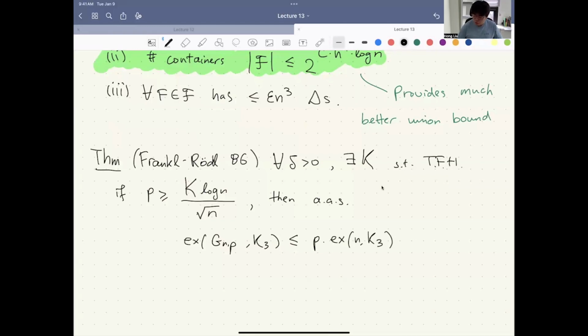This is what we want to prove, plus some error term. And what will be the order of magnitude of the error term? This has roughly this many edges, so the error term would be delta times p n squared.